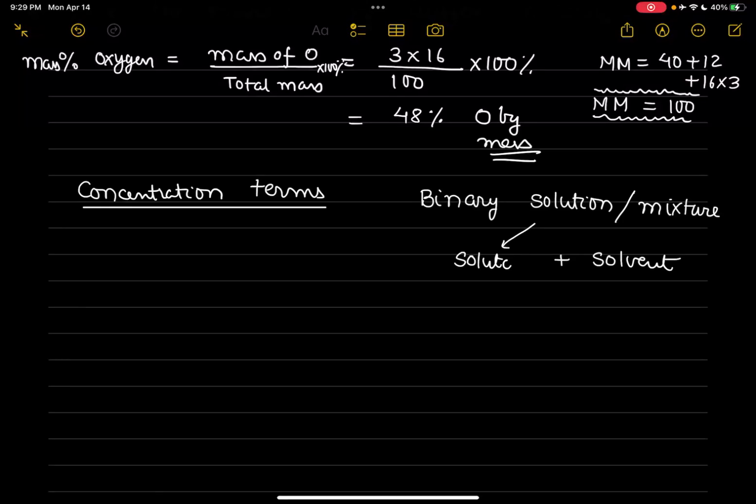So now you need to express their percentages. Right? So how are you going to express their percentages? How are you going to tell how much solute is there, how much solvent is there? Tell me. By the mass. There are various concentration terms.